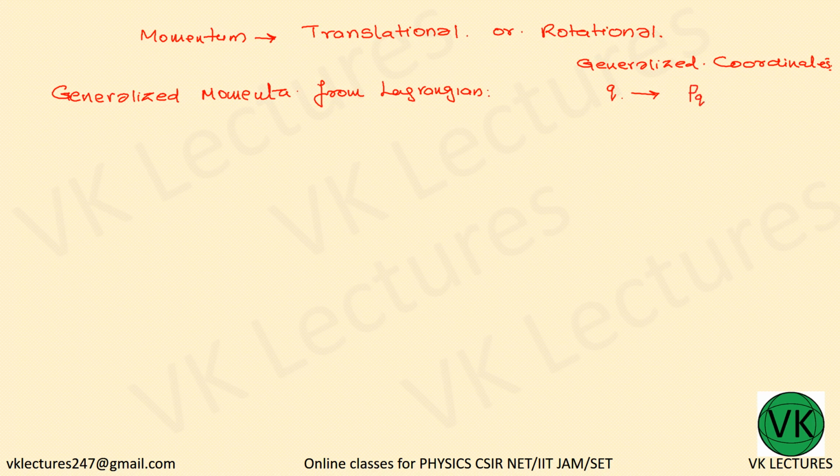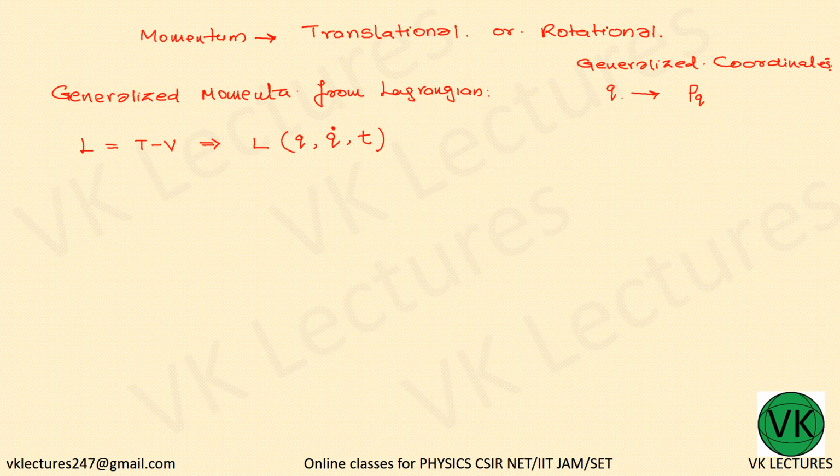Okay, so now here we have Lagrangian L, which is equal to T minus V. The Lagrangian is a function of Q, the generalized coordinates, Q dot, which is generalized velocity, and time t.